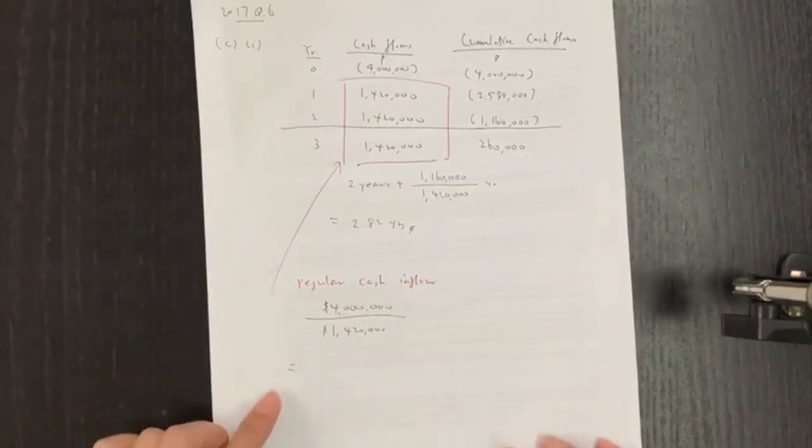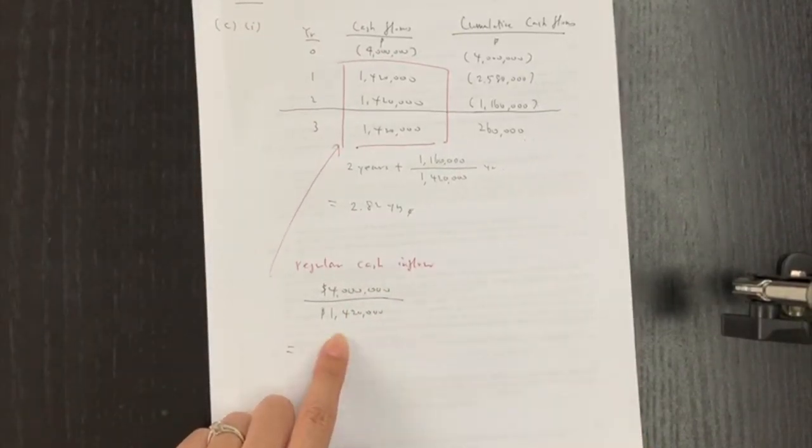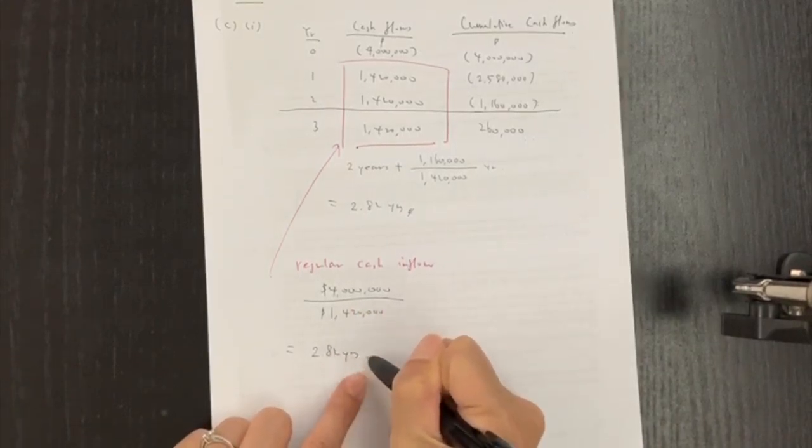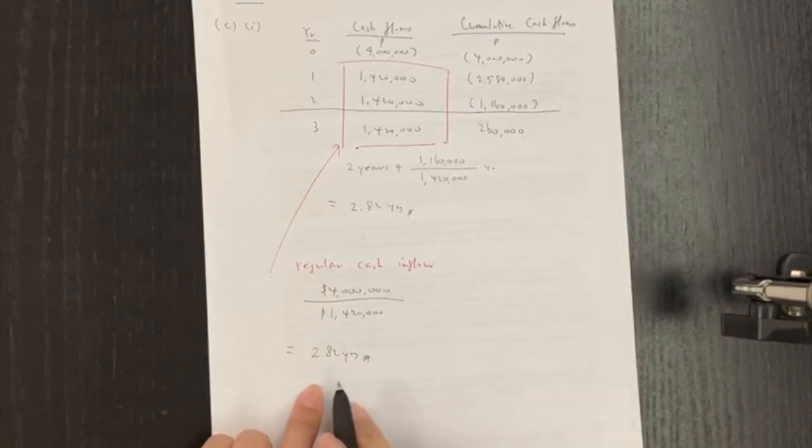Then you use your calculator, so 4 million divided by 1,420,000. So you also get 2.82 years.